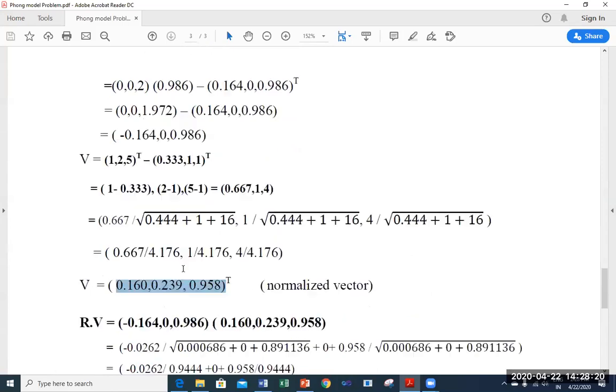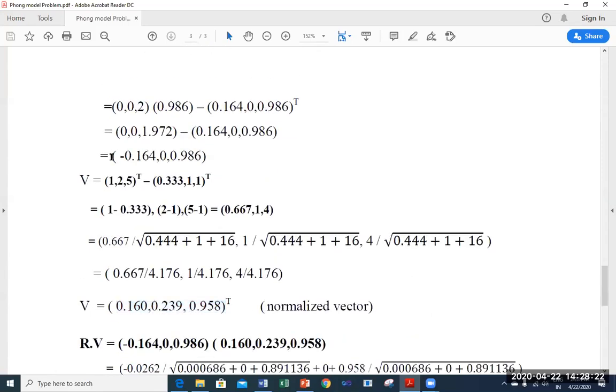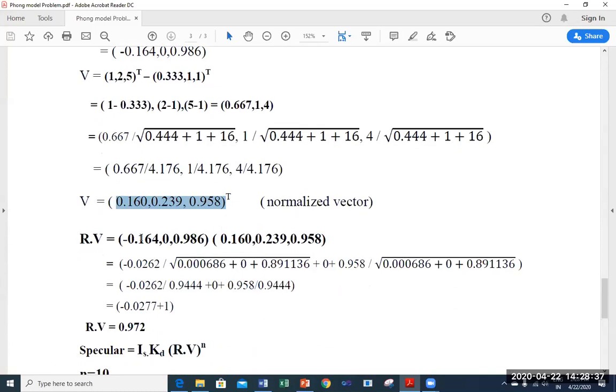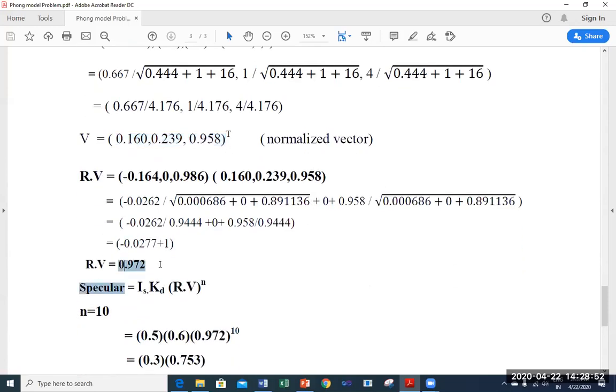So multiply the R value, minus 0.164, 0, 0.986, and your viewer value, 0.160, 0.239, 0.958. Okay, so when you apply the dot product of R and V, you will get the value 0.972.